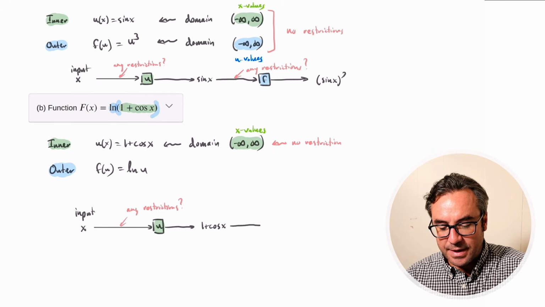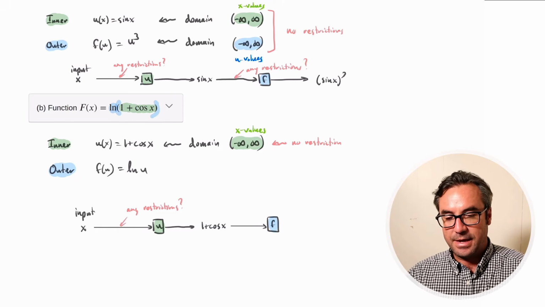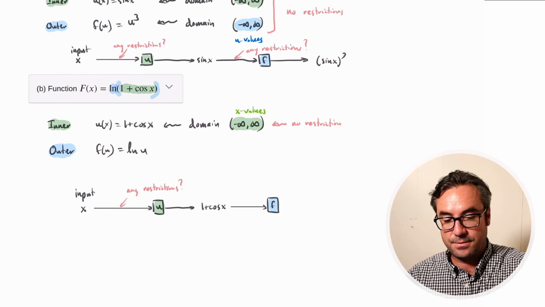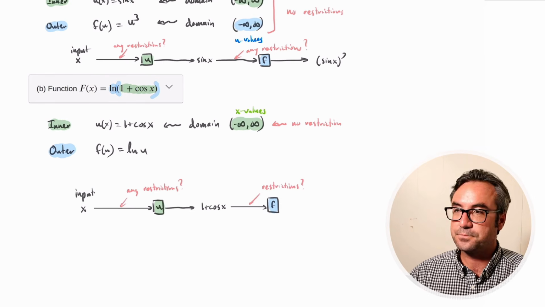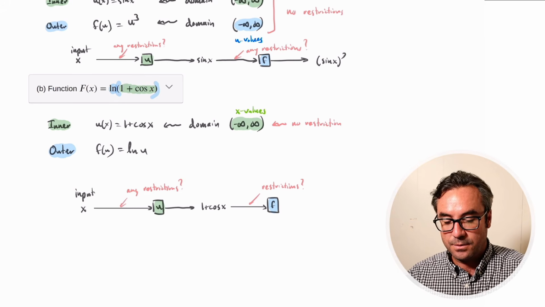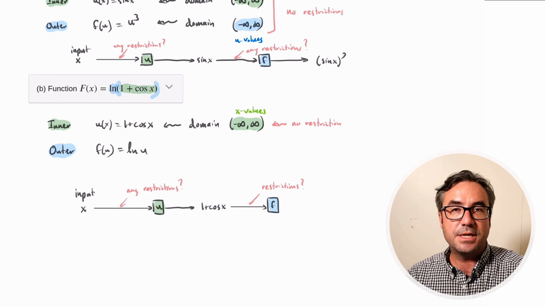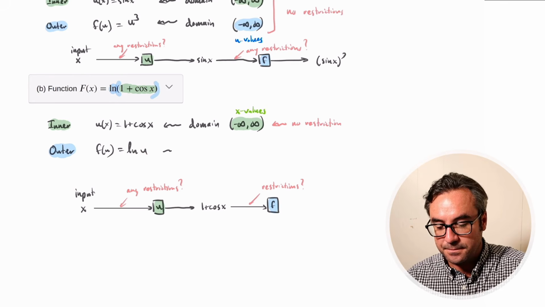Then we're going to send that result to the next machine, which is going to be our function f, our outer function. And we want to think, are there any restrictions here? We're trying to take 1 plus cosine x and plug it into natural log. First, let's figure out the domain of natural log.